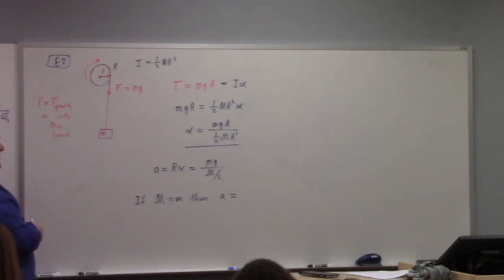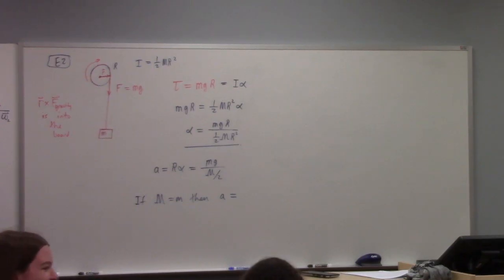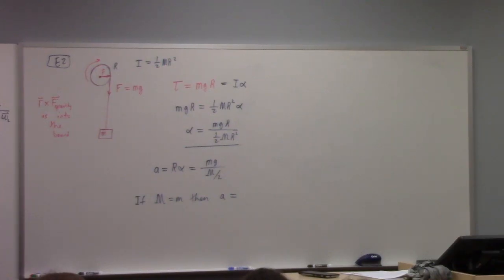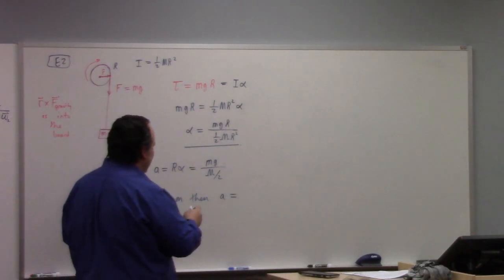Oh, that's weird. Is that right? That can't be right. Surely I have made an algebra mistake here. I still have another r on the bottom. I'm getting 2g. That feels very wrong.